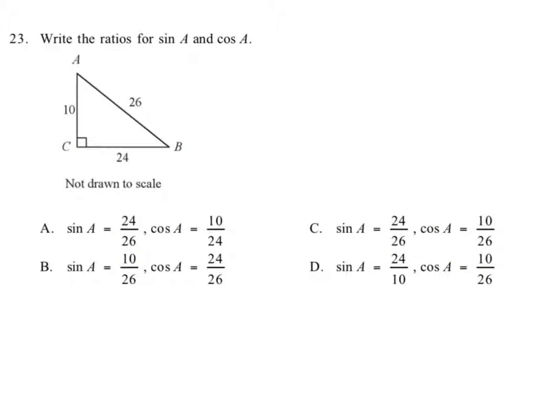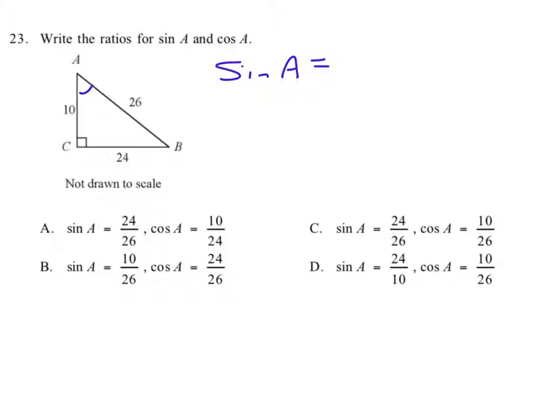Okay, we're writing the sine and cosine ratios for A. So from A, we've got sine of A, so opposite over hypotenuse.